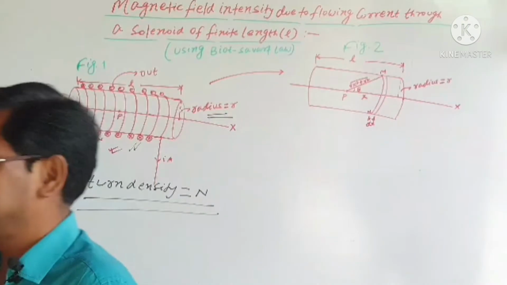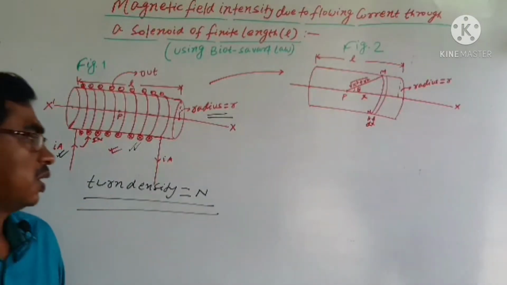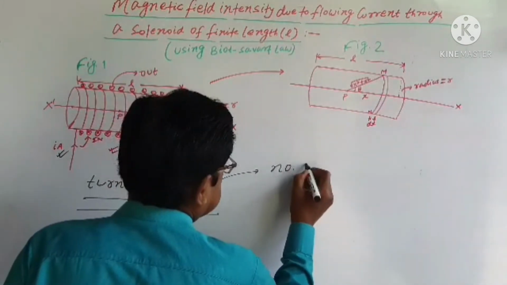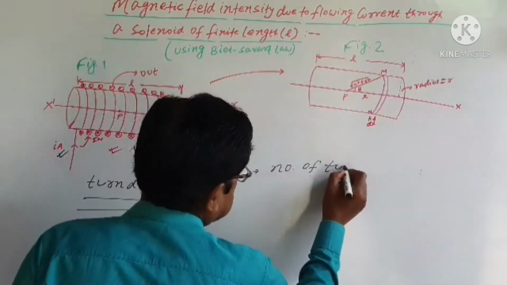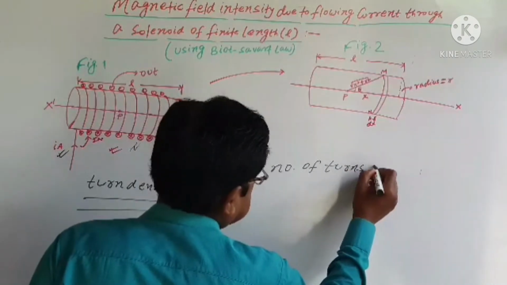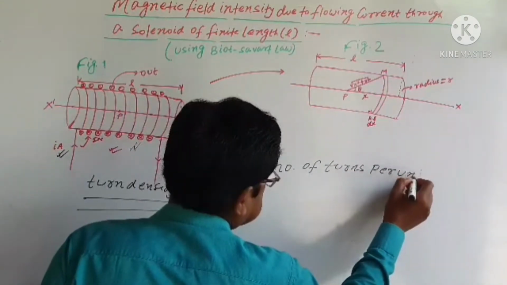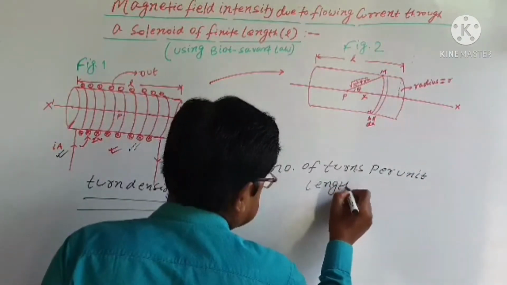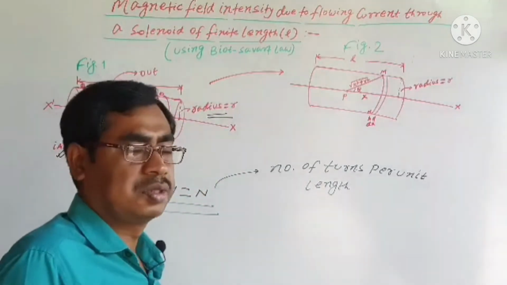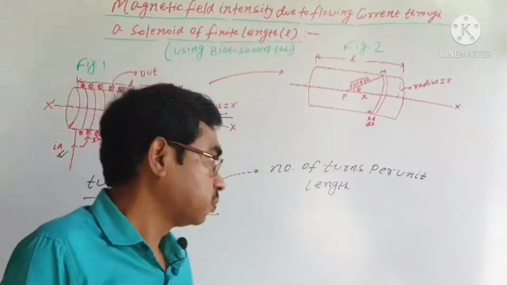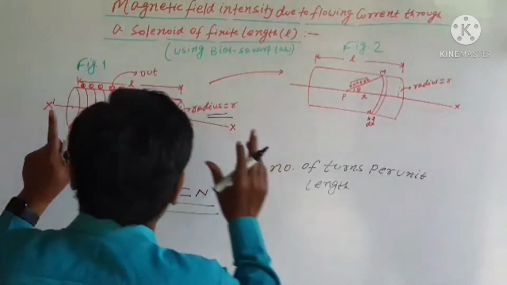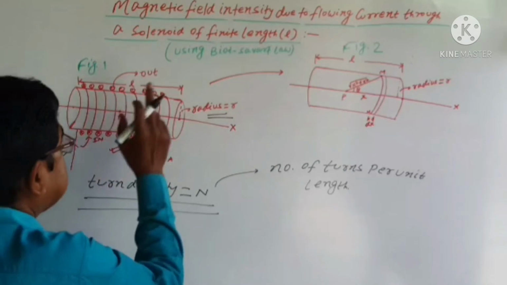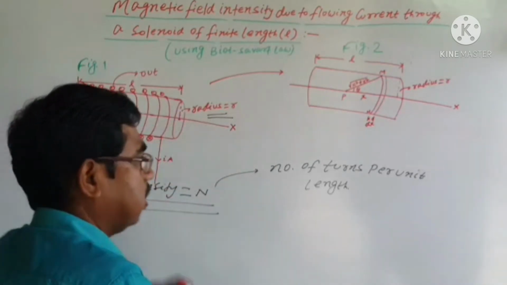Turn density means number of turns per unit length. This is called turn density. Okay. Now, this is a solenoid having radius R, flowing current I ampere, having length L, turn density N.